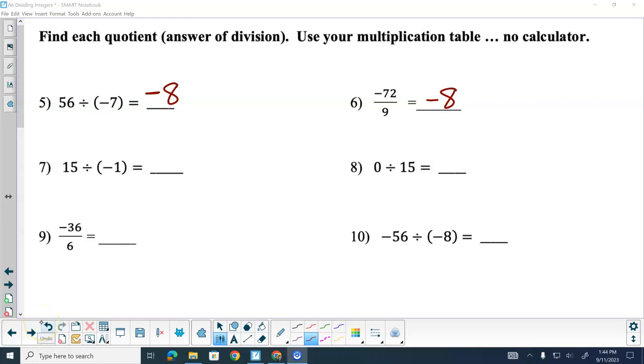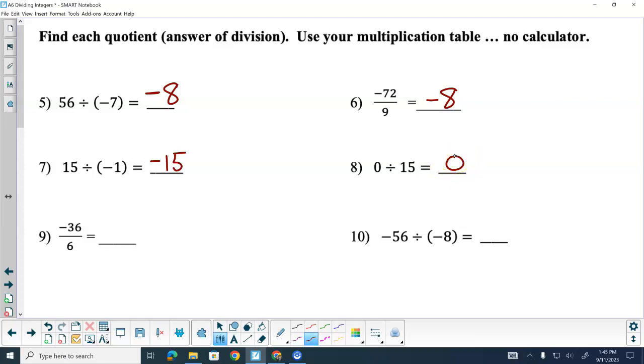15 divided by negative 1. Negative, right? Negative what? Negative 15. Yeah, exactly. 0 divided by 15: 0, because it's 0 divided by any number.